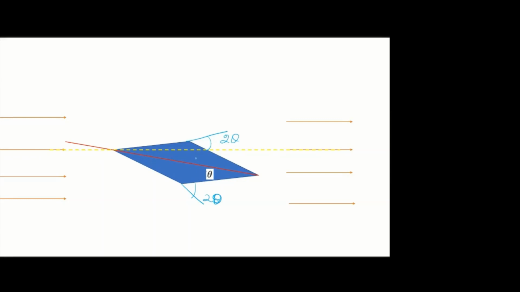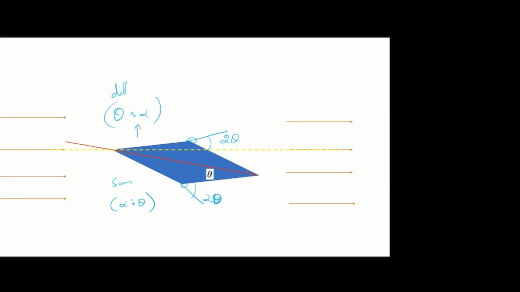In the upper surface, the flow deflection angle will be the difference between theta and alpha. In the bottom, it will be the sum of alpha plus theta. You can remember this shortcut. In the center, always 2 theta. Upper, the difference between alpha and theta. In the lower surface, the sum of alpha and theta. Is that clear?